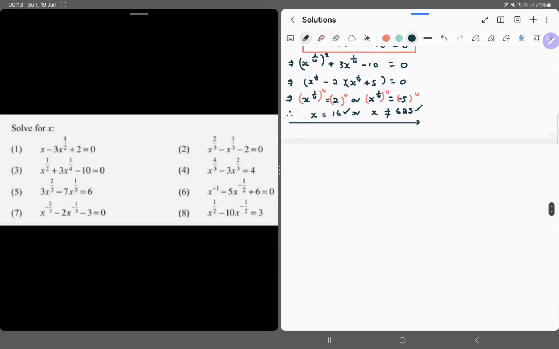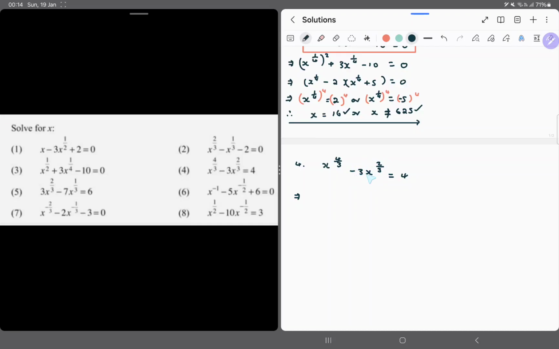Okay. So let's look at number 4. We have x to the 4 over 3 minus 3 to the exponent 2 over 3 equals 4. Of course, this is a quadratic. We need to try and write it in standard format, but we can see this is the smallest power over here.